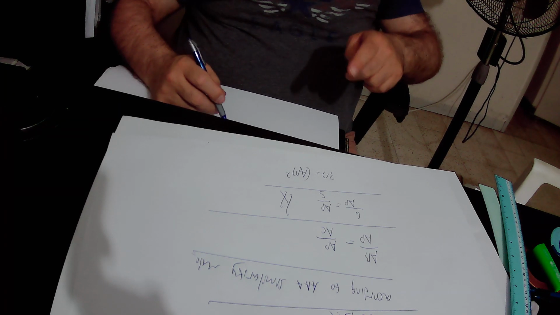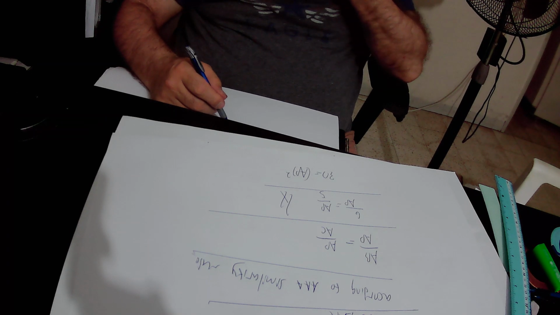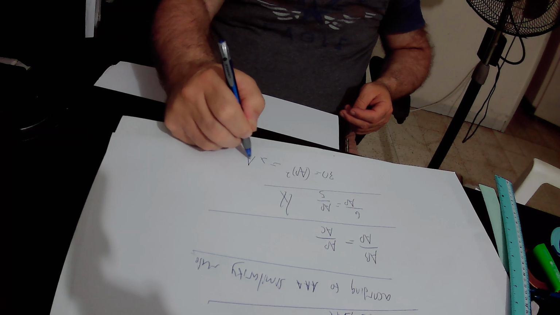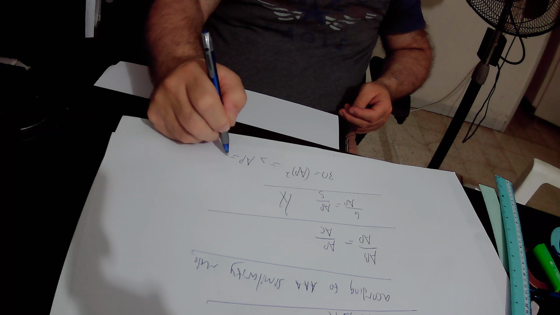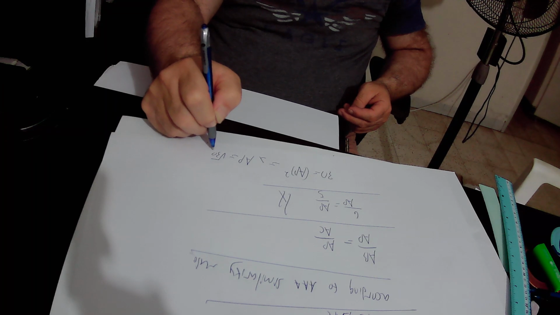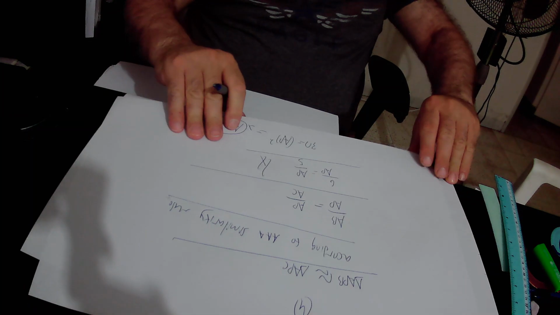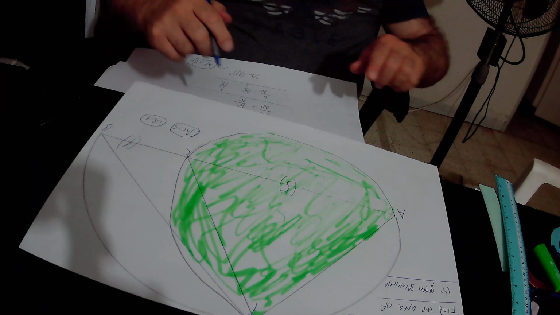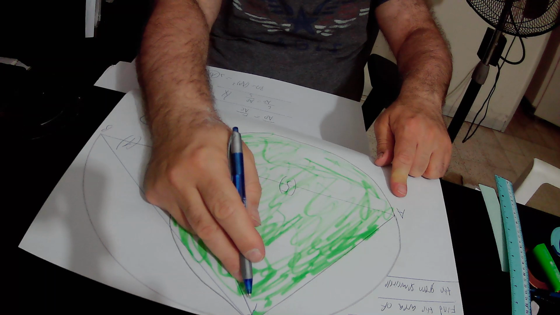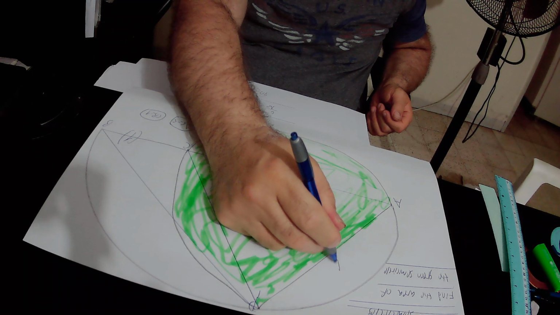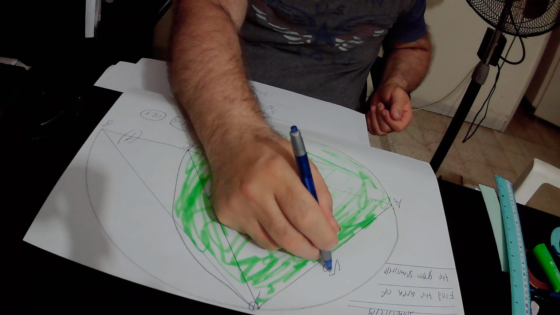Here we take the square root of this equation and we get that AP equals the square root of 30 units. So actually this is side AP, that equals square root of 30 units in its length.